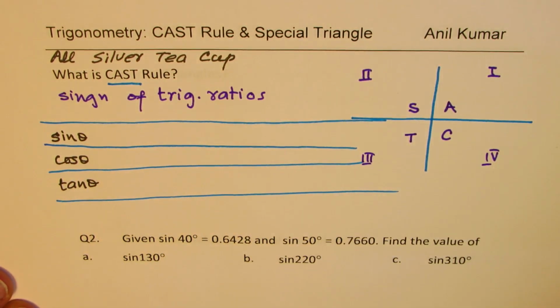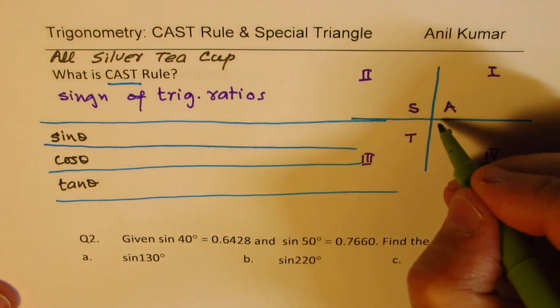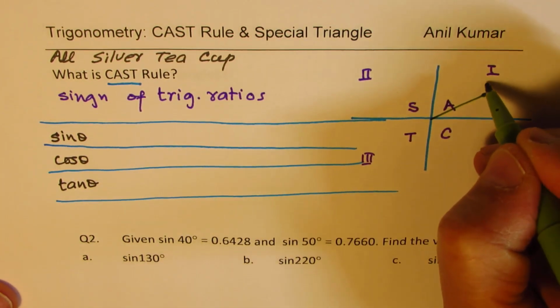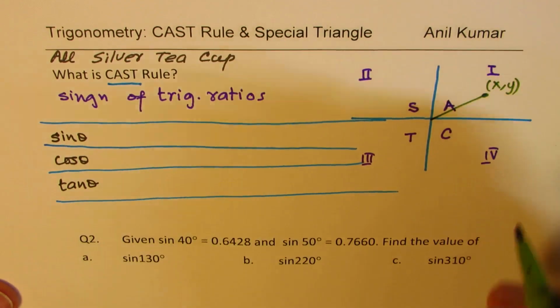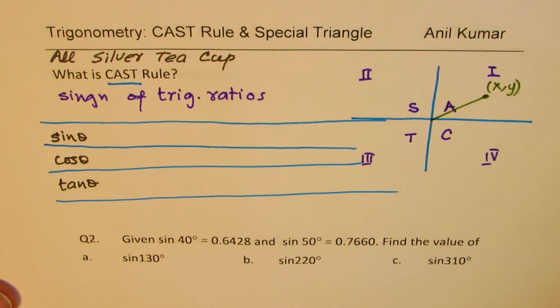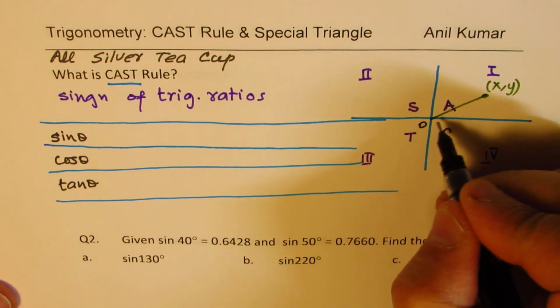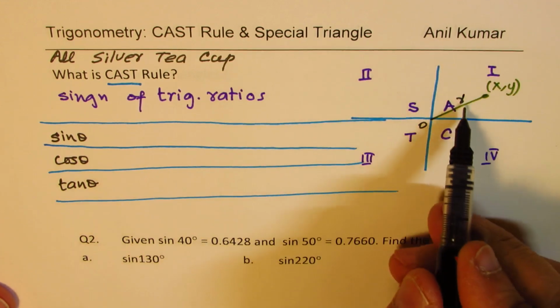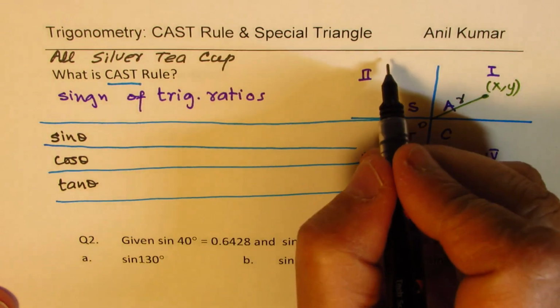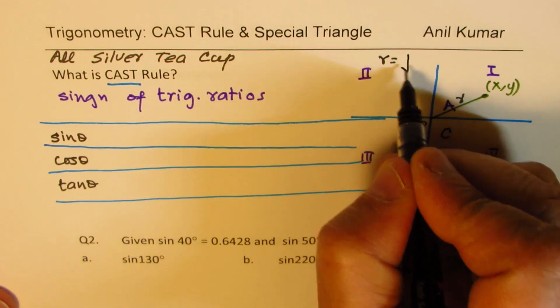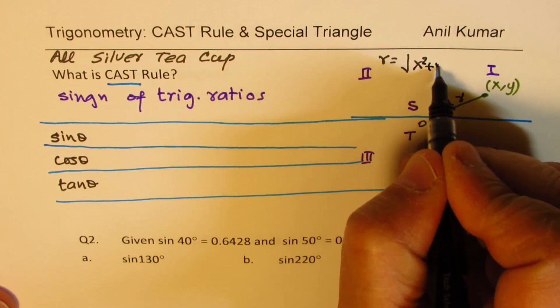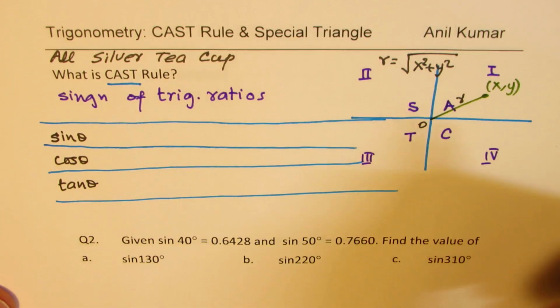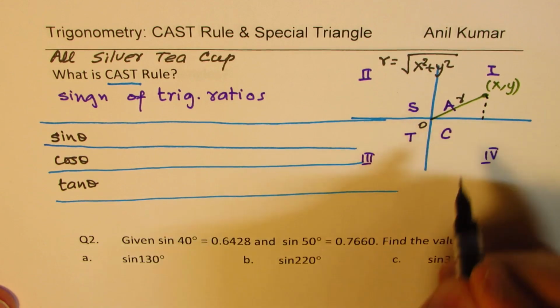So when we work with a coordinate system, we could take a point as xy, and the distance from the origin is r. R is always treated as positive, since r will be equal to square root of x square plus y square. Again, from the Pythagorean theorem, you can figure it out.